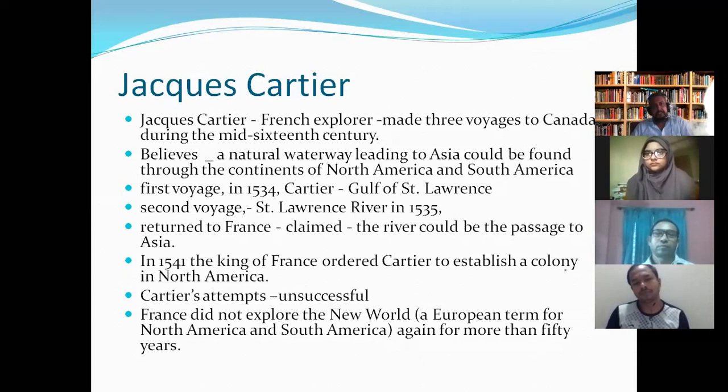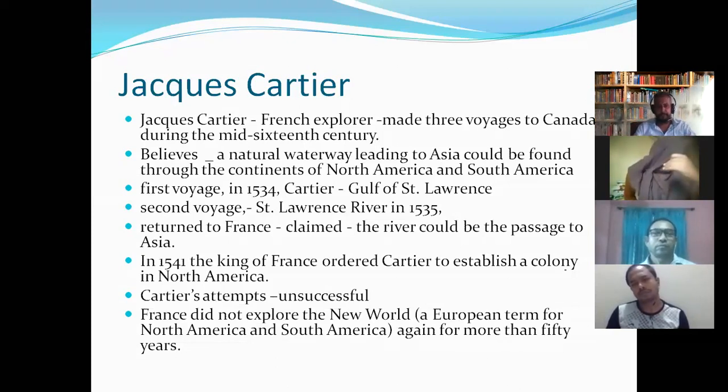Okay. So this man, Jacques Cartier, came to Canada and reported to France that Asia is the richest part of this world. And not only that, he reported that the North Atlantic way is a waterway leading to Asia, which could be found through North America and South America.